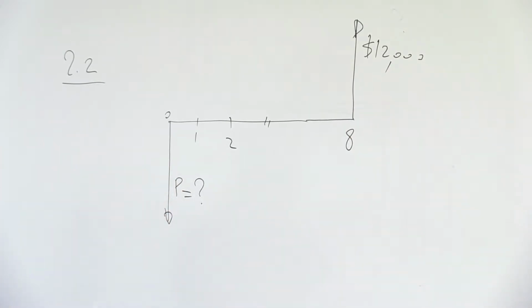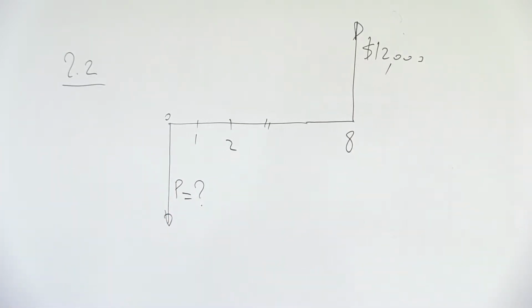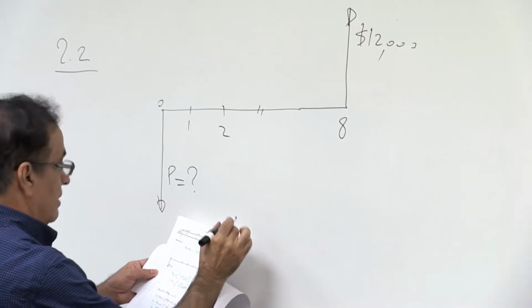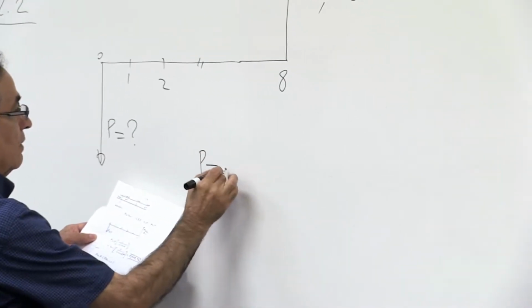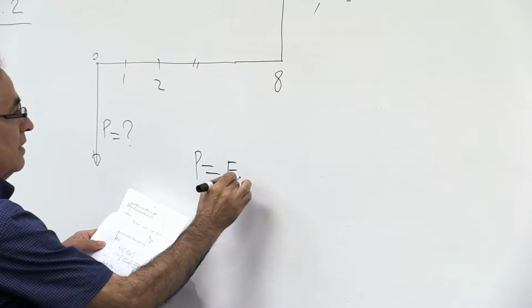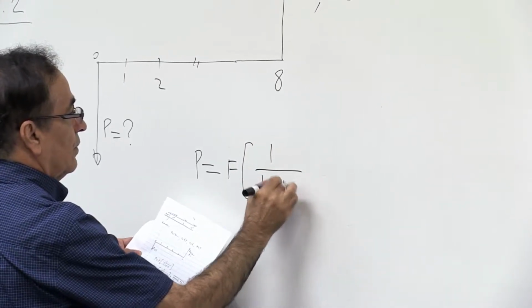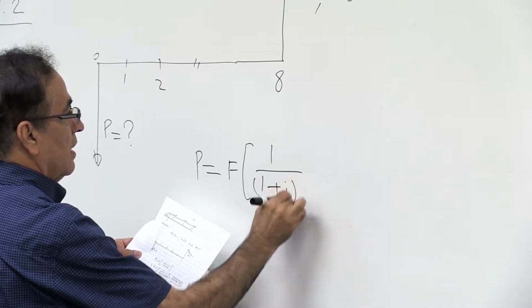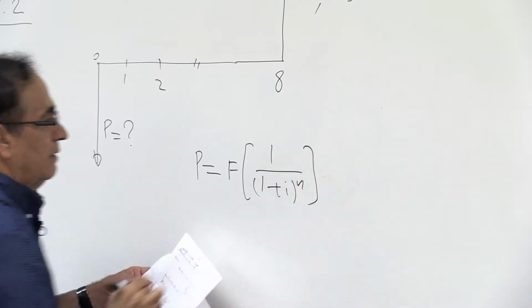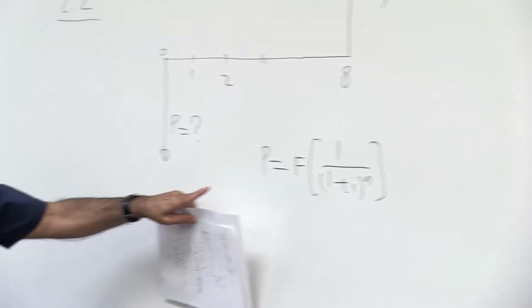Again, this time the equation that you're going to use is this: P is equal to F times 1 over 1 plus i to the n. Now, this is the equation form.